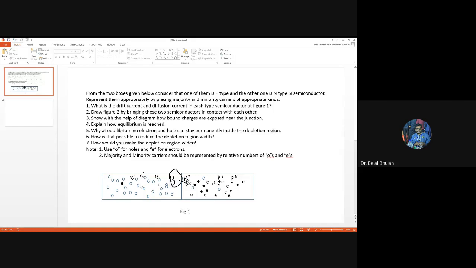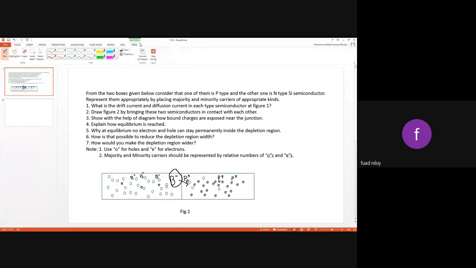Now the hole has entered the n side, where there are plenty of electrons around it. And we already learned that when an electron and a hole meet, we have EHP recombination.